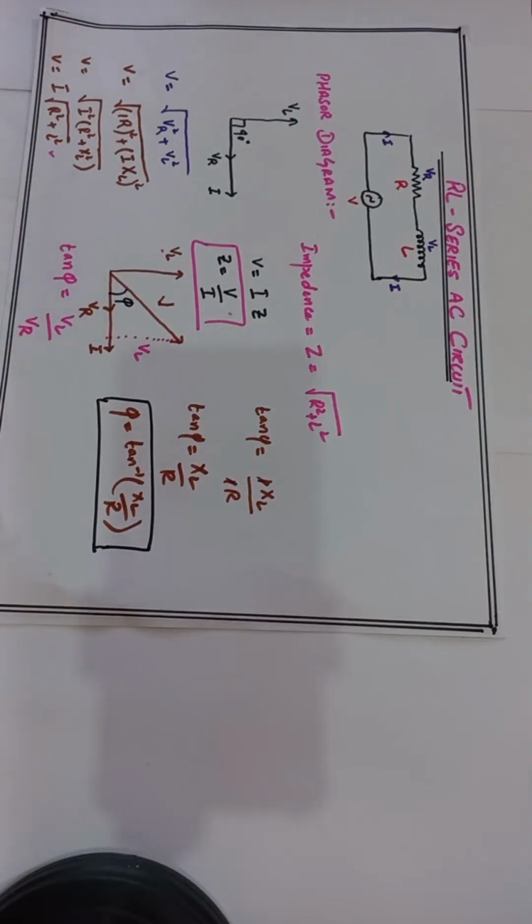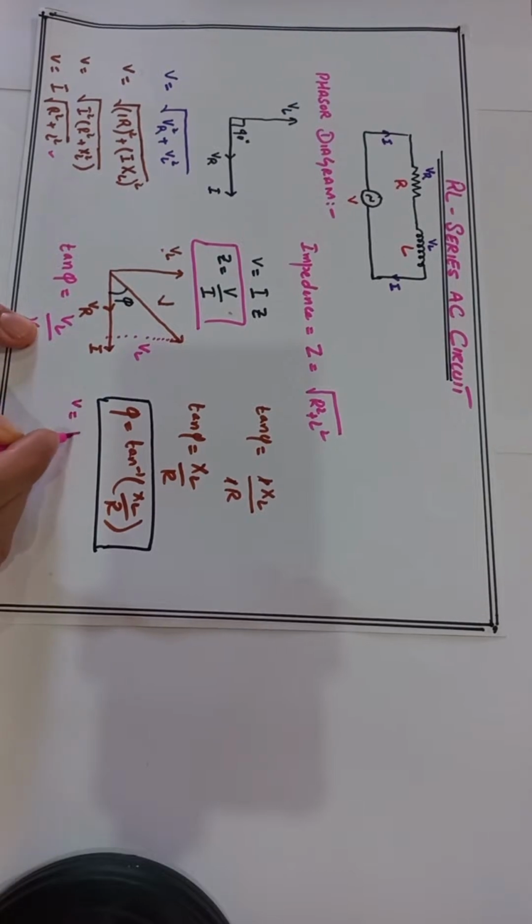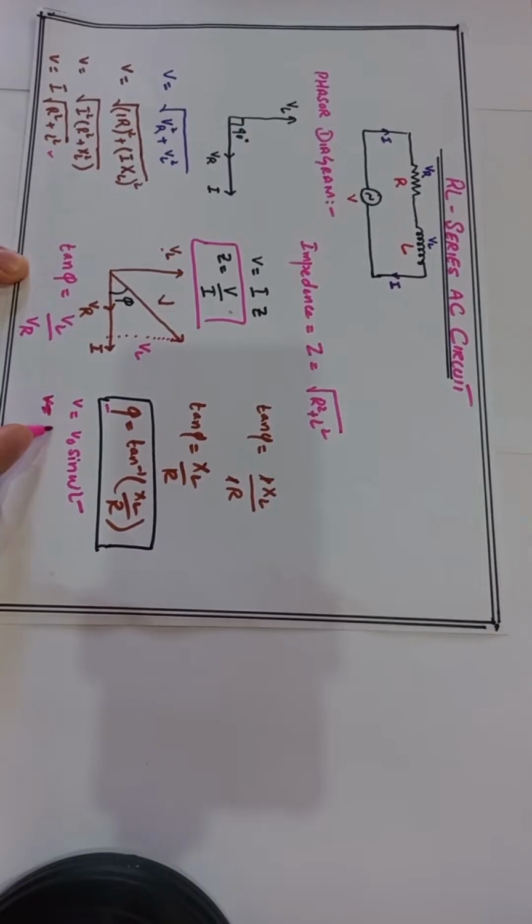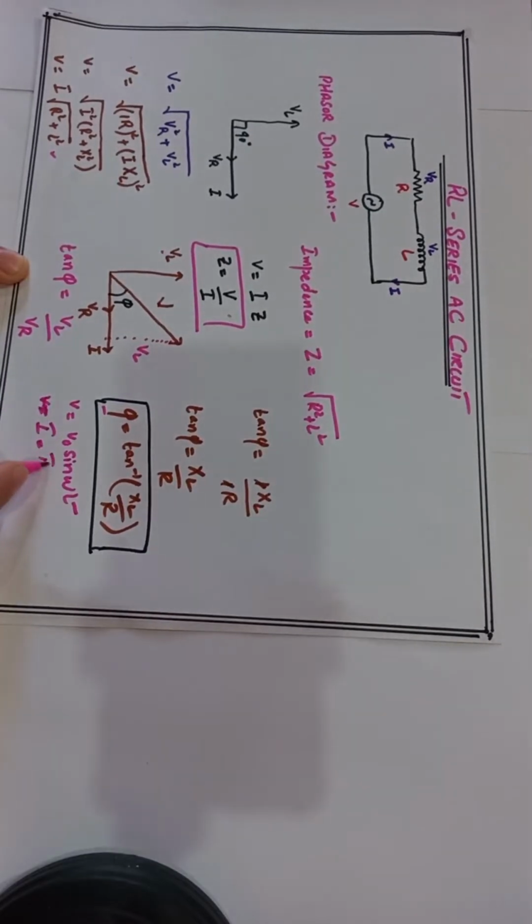Okay, if we write the equation of the applied voltage, V is equal to V naught sine omega t, and we know that the current lags the applied voltage by angle phi. So the formula of the current becomes I is equal to I naught sine of omega t minus phi.